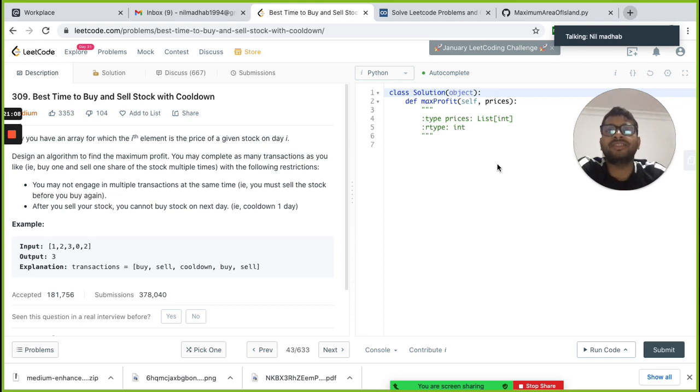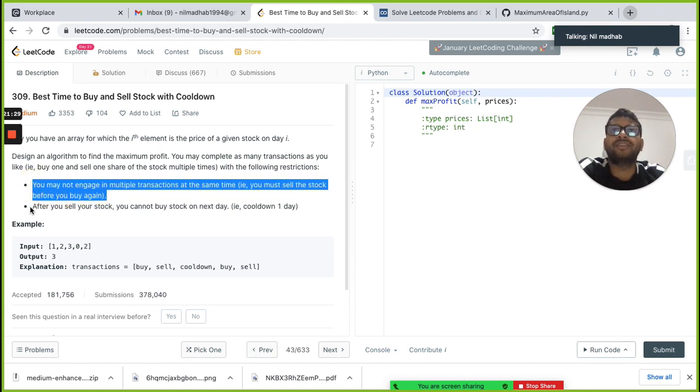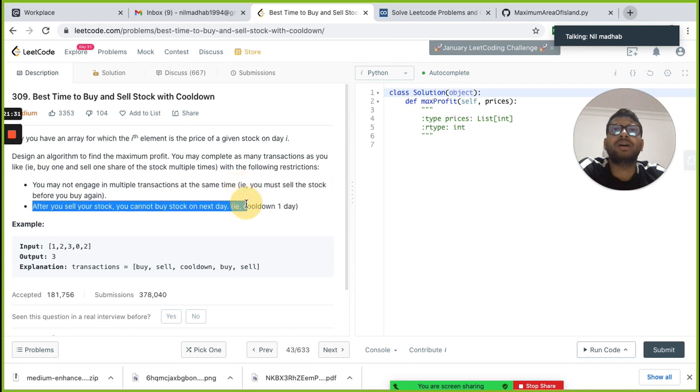The second variation is where you can buy and sell multiple times, but without the cooldown restriction. And now we have this third variation, where you cannot do multiple transactions at once, and after you sell your stock, you cannot buy the stock the next day.